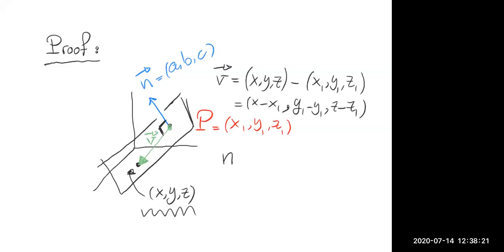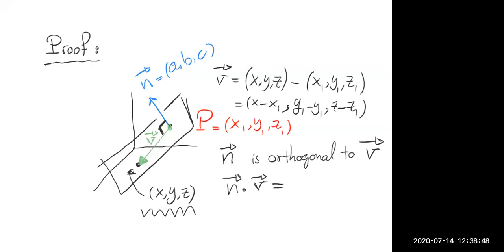So n is orthogonal to the vector v because v is a vector in this plane. It connects 2 points in this plane, so it is in this plane. What do we know about the dot product of two vectors which are orthogonal? Does anyone remember?